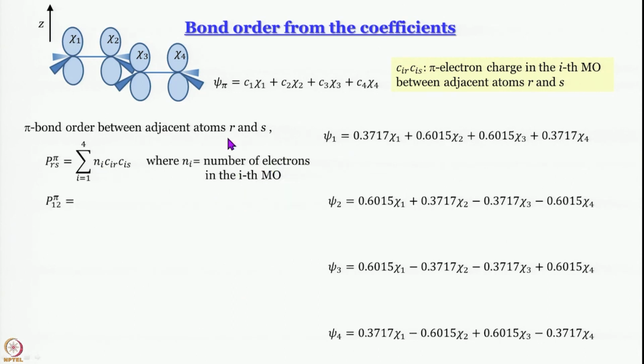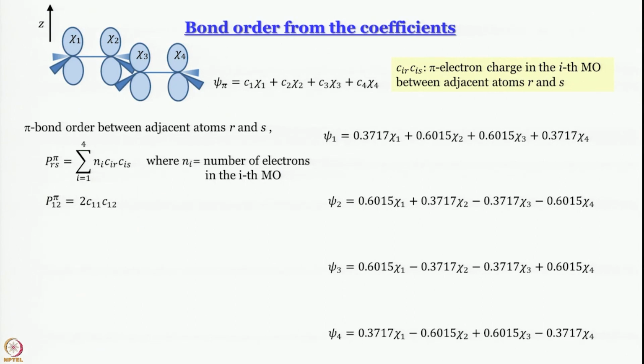Okay. So, if I want to find, say, P12 pi, what will it be? What is CiR in that case? What is the first CiR? C11. Then what is CiS? C12. So, that multiplied by 2, because Psi1 has a population of 2 electrons. So, 2 into C11 into C12.